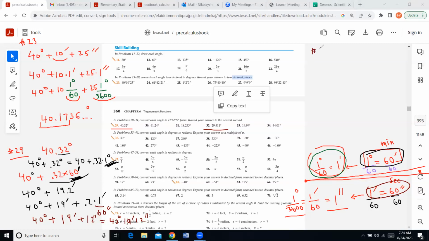Problem 32 says take this 29, you can write it as degrees already, and 0.411 that I multiply by 60 minutes. So instead of 1 degree, I just put 60 minutes. Go to the calculator.